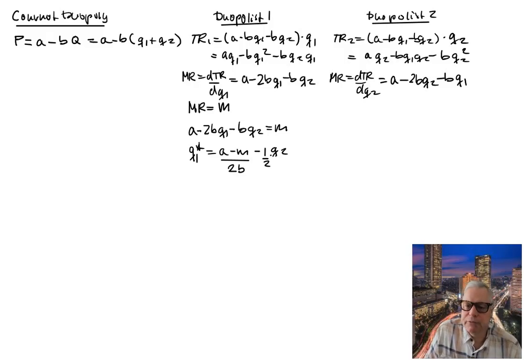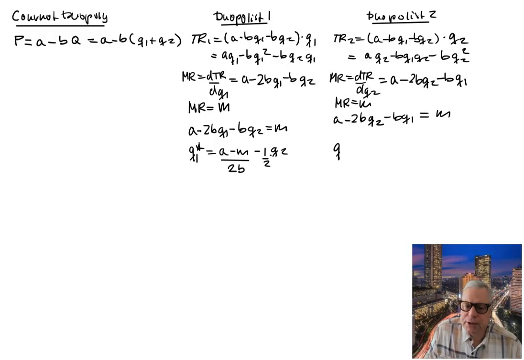And again, here we would do the same thing. Let's do it again. Now we have to equate A minus 2B Q2 minus BQ1 equals M. We assume that they have the same marginal cost function. And then you can already see the symmetry.